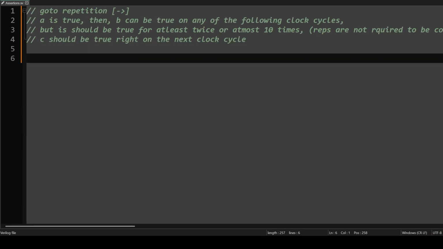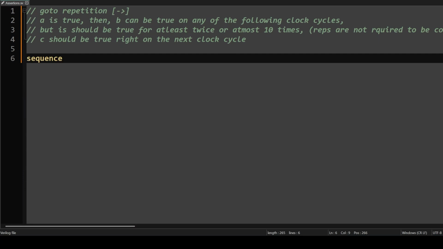So how could you do that? First I will write the sequence, and I will help you understand how complicated it becomes if you try to write it without the usage of the go to repetition operator. So let's begin.